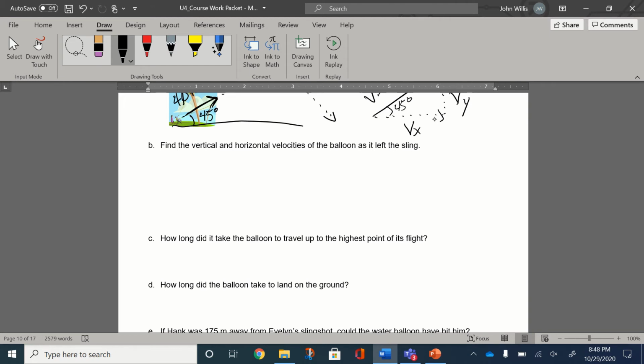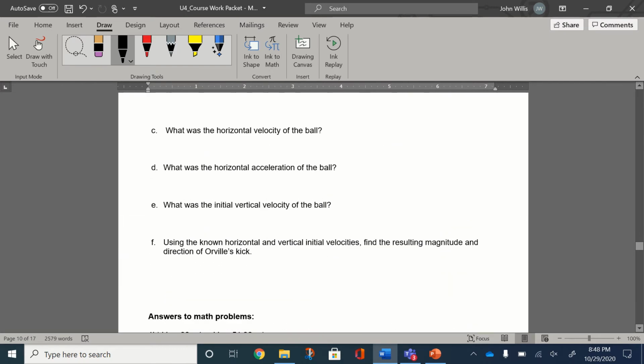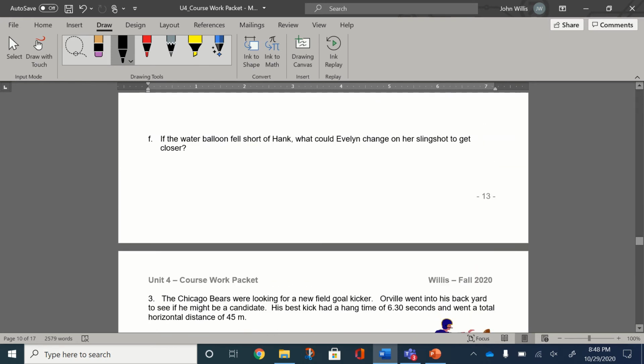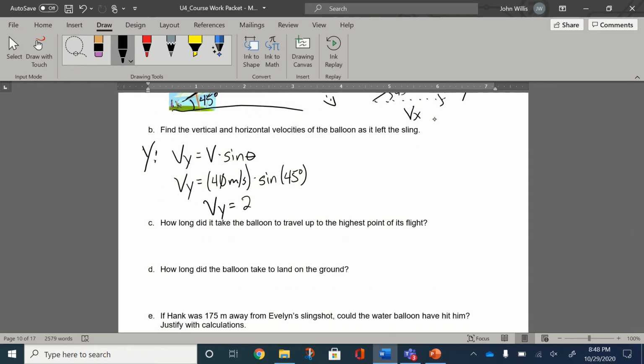So that is your step number one for your projectiles at angles. Always step number one. Let's solve for y first. We have Vy is equal to velocity multiplied by the sine of theta. In this case, Vy is equal to my initial velocity of 40 meters per second multiplied by the sine of 45 degrees, and we should get a vertical velocity of, I believe the answers were down below on the next page, 28.3 meters per second.